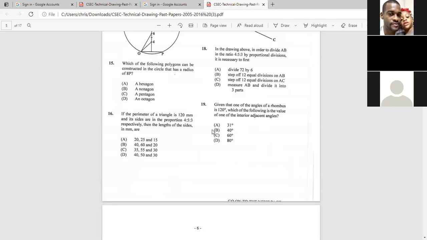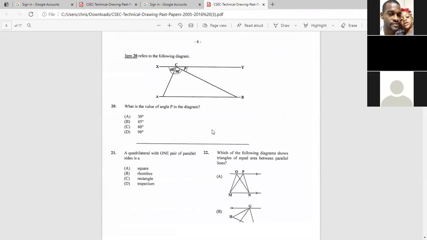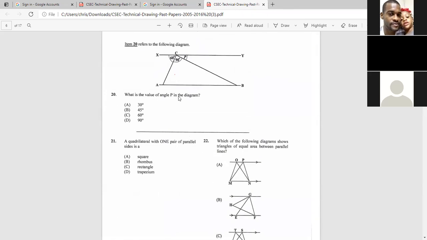All right. Let's move on to another page. What is the value of the angle P in the diagram? Well, we know that angles on a straight line measure 180 degrees, right?